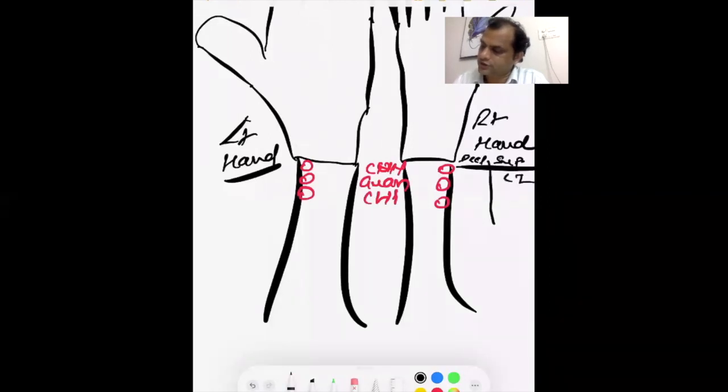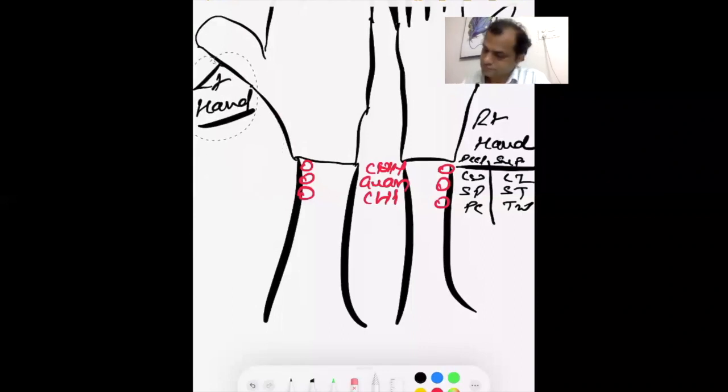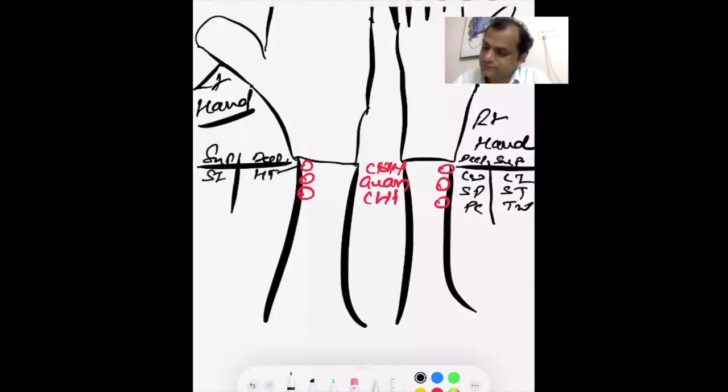Superficial is large intestine, lung, stomach, spleen, triple warmer, and pericardium. And on the other side, superficial and deep: small intestine, heart, gallbladder and liver, urinary bladder and kidney. So this is the completion.